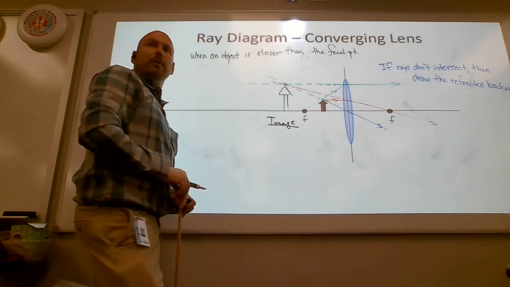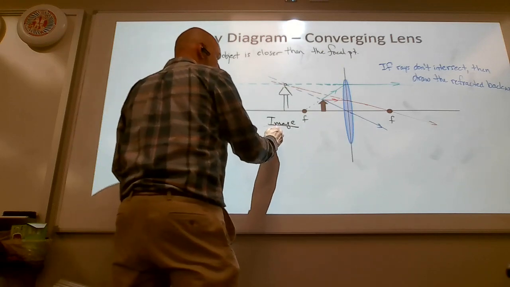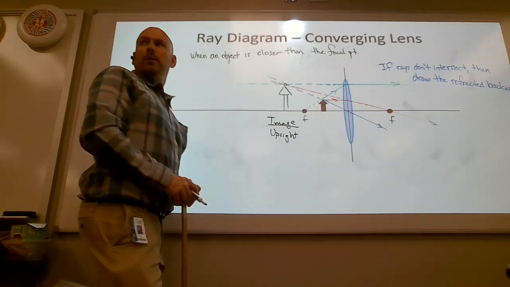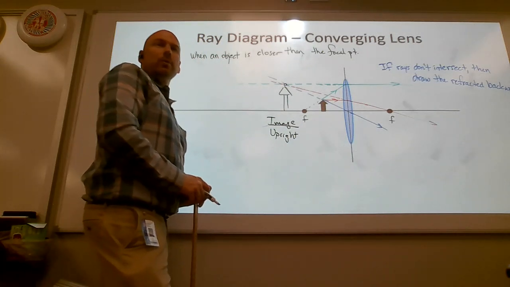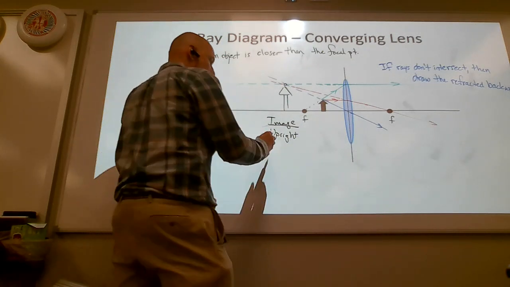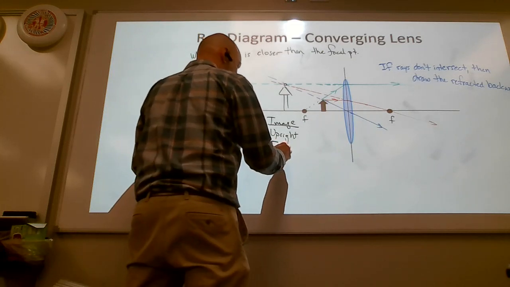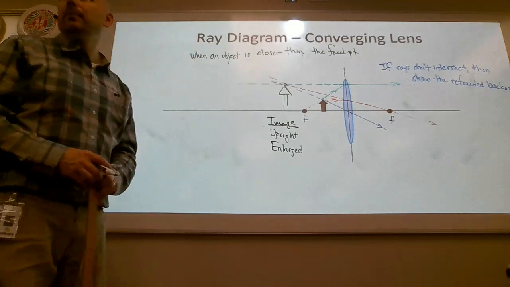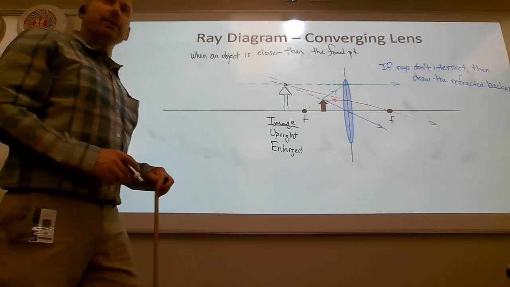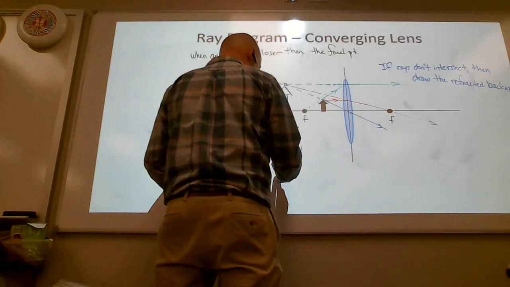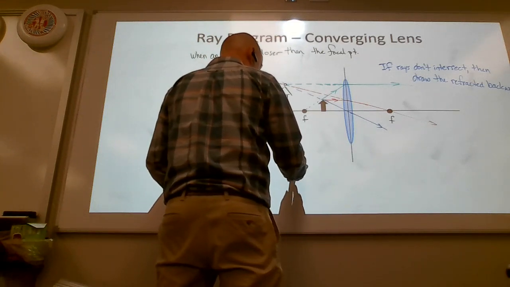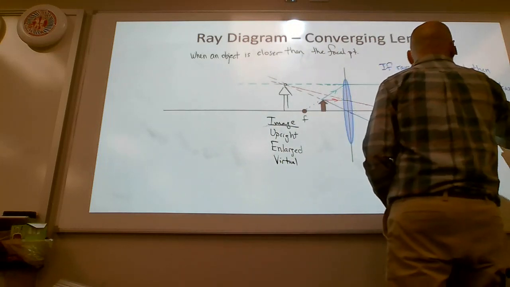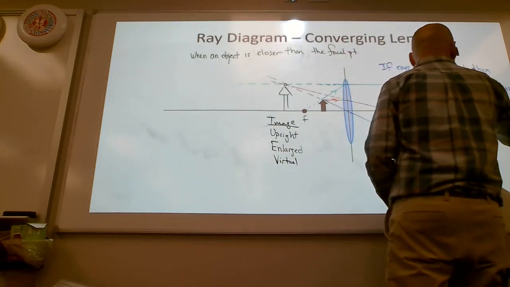Upright or inverted? Upright. Shrunken or enlarged. And if it's not real, what we say is it is virtual. Okay. So if you have to extend the rays backwards, this is a virtual image.